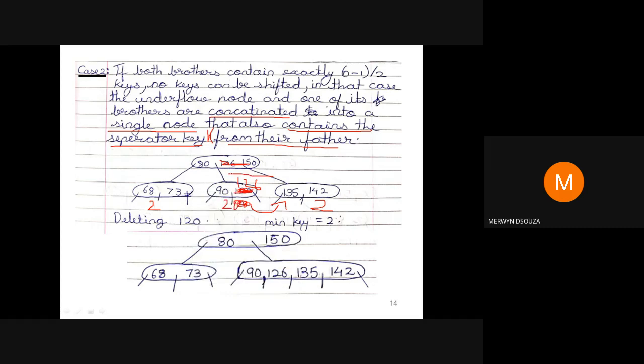So I'm merging this entire thing into one node. So I will get 90, 126, 135, 142. After I merge, I draw the appropriate separator, this branch. So this is how you apply case 2.